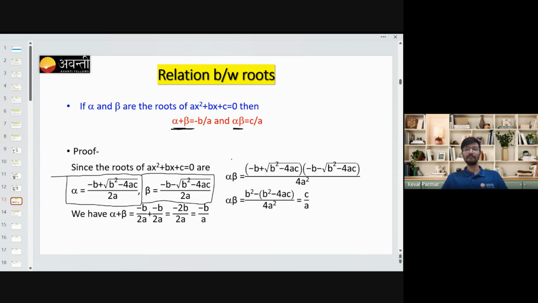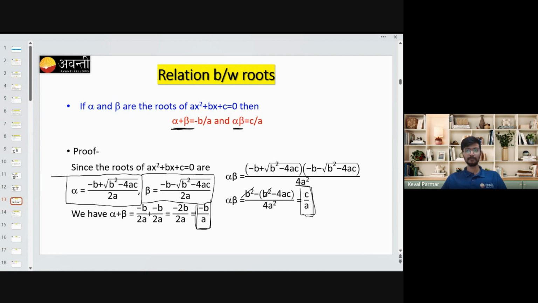Now, if I do alpha plus beta, then the square root part will get cancelled and I'll get minus b by a. Similarly, when I do the product, I'll see b square minus the square root term squared in the numerator, and b square and b square will get cancelled and I'll get c by a.